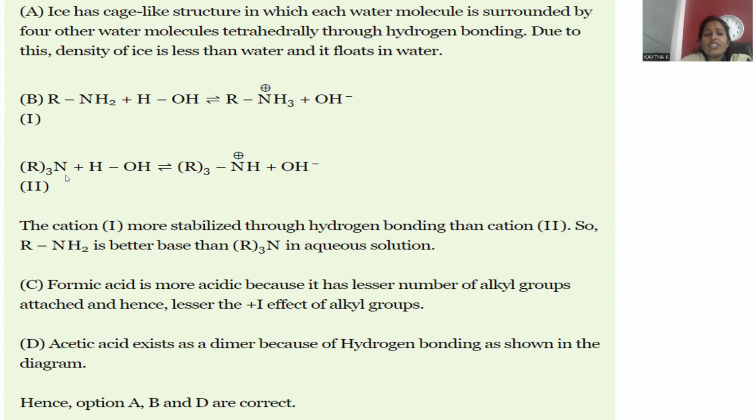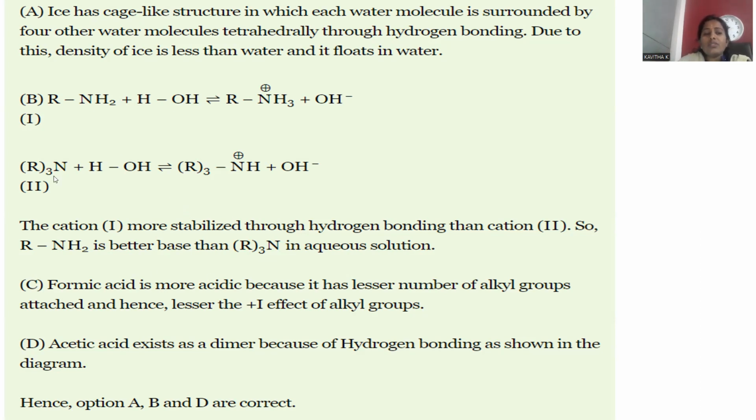But in case of tertiary amines, there is also the existence of a lone pair, but this bulky alkyl group is not allowing nitrogen to give the electrons. It is stopping the release of electrons because of occupation of the entire space around the nitrogen atom.